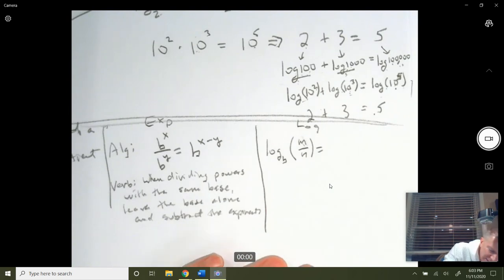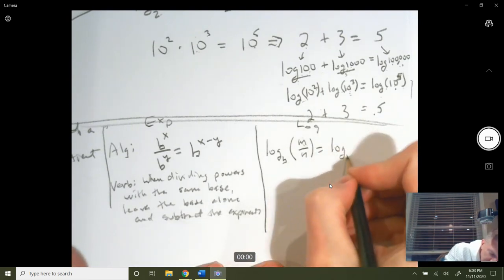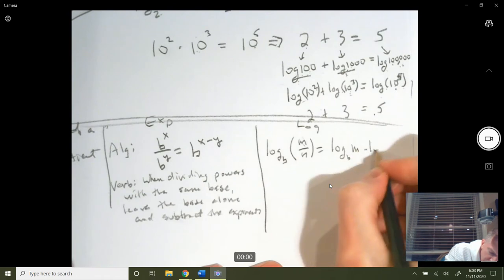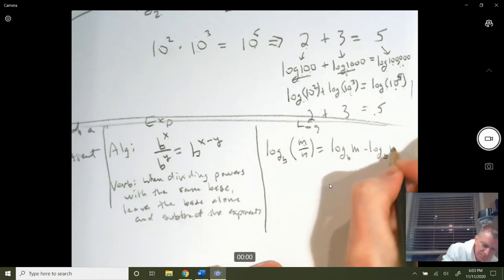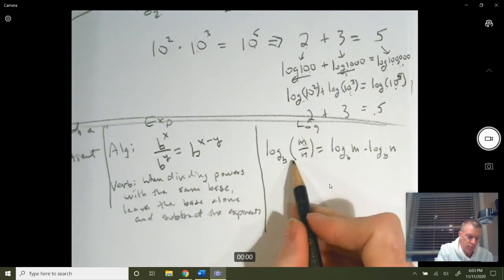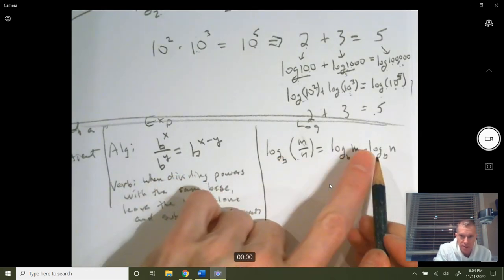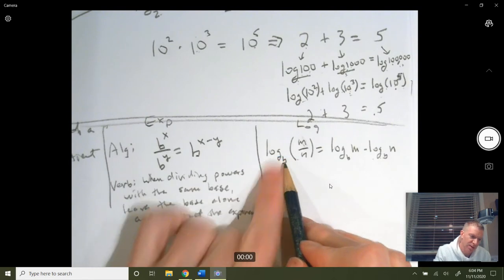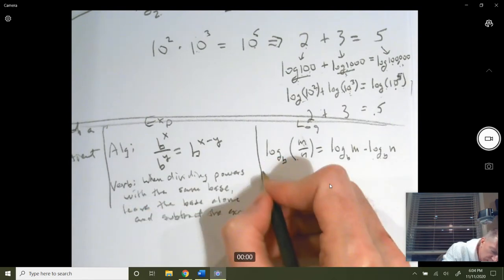We can expand it into log base b of m minus log base b of n. So here we're expanding. When we go left to right, we're expanding. Right to left, we're condensing.